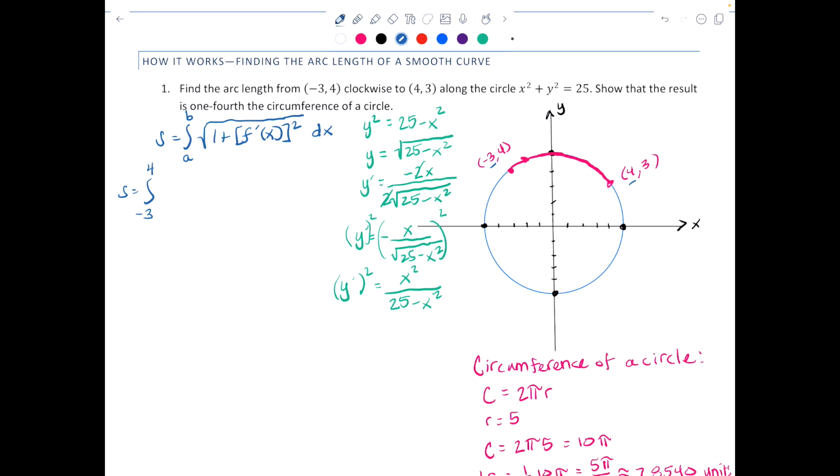It's not that first ordered pair, it's looking at x traveling. The domain values are going from negative 3 to 4. I'm going to write the square root as the 1/2 power. We'll have 1 plus f prime of x squared, which was x squared over 25 minus x squared, raised to the 1/2 power, with respect to x.